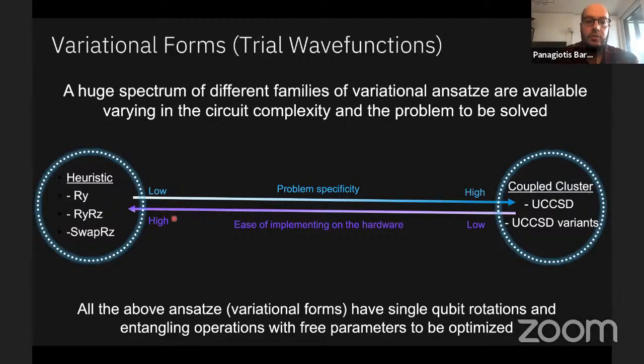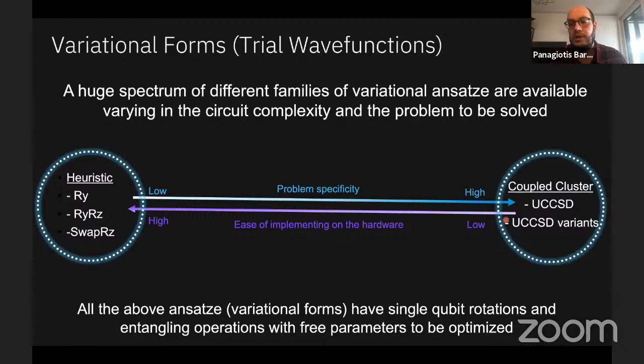Whereas going towards heuristic variational forms that are hardware efficient, the ease of implementation is much better, so you can really do it on near-term quantum hardware, but the problem specificity is much lower. I will try to explain why the specificity changes and what the main differences are when we think about quantum chemistry in the slides that come after.